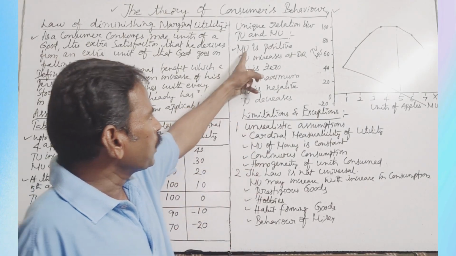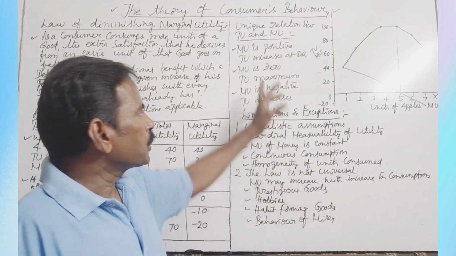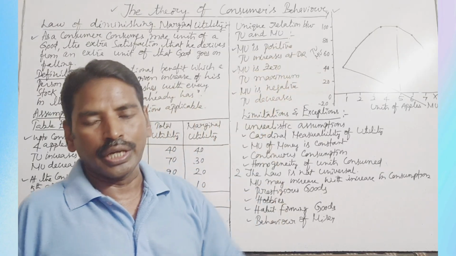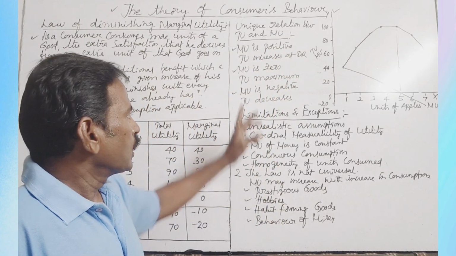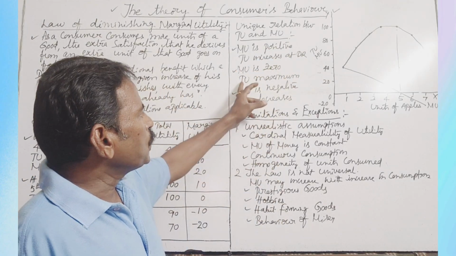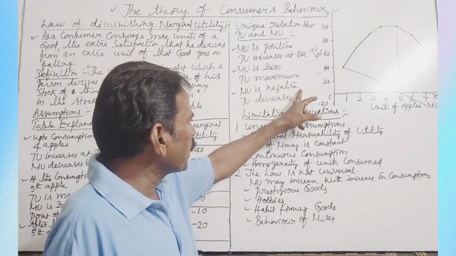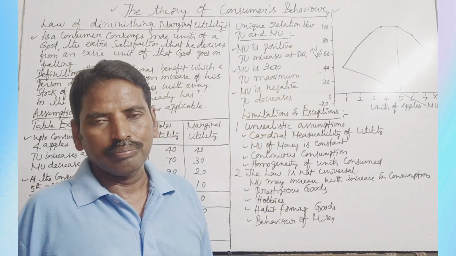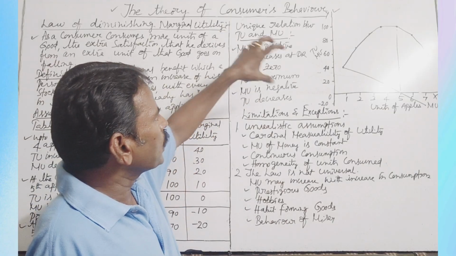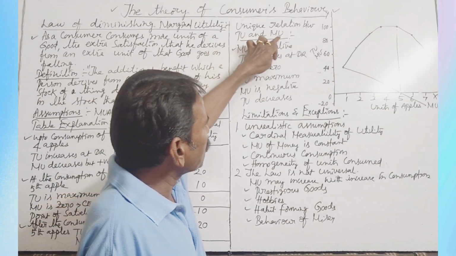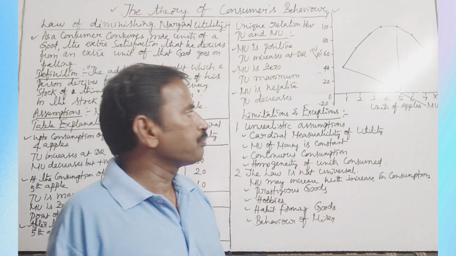One, when MU is positive, TU increases at a diminishing rate. When MU is 0, TU is maximum or constant. When MU is negative, TU decreases. This is the unique relation between total utility and marginal utility.